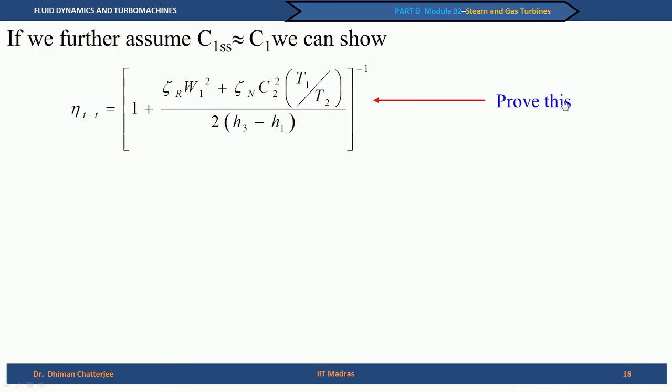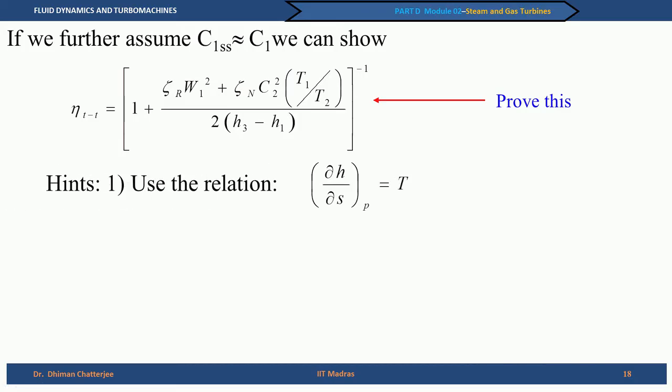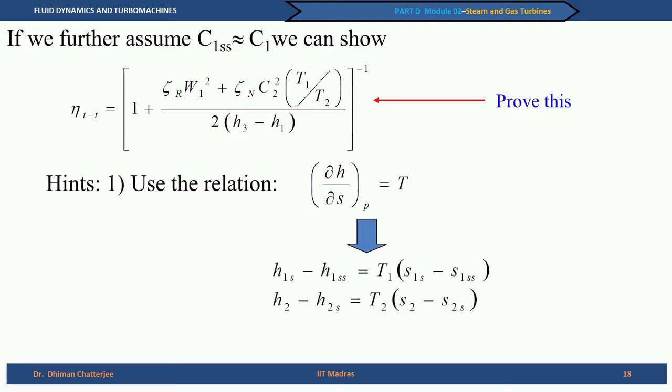I will also leave this in the handout, but you try to do it yourself, and I am giving you few hints. You can use the relationship that del H del S at constant pressure is T, and then using that relationship you can write that H1S minus H1SS is equal to T1 times S1S minus S1SS, and H2 minus H2S is T2 times S2 minus S2S.